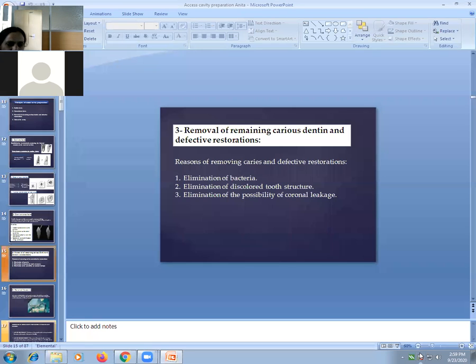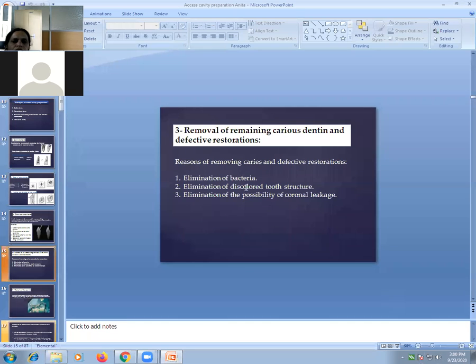It depends on the size of the pulp chamber, isn't it? Second step is the convenience form. So the cavity should be adequately large so that we can easily remove the pulp tissue from the pulp chamber and from the radicular dentin, and we should be easily able to see the canal orifices.